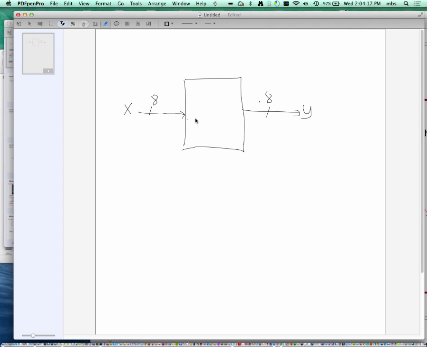What this box does is, at any given time, y of n, where n is the time index, is 0.25 times x of n plus 0.5 x of n minus 1 plus 0.25 x of n minus 2.